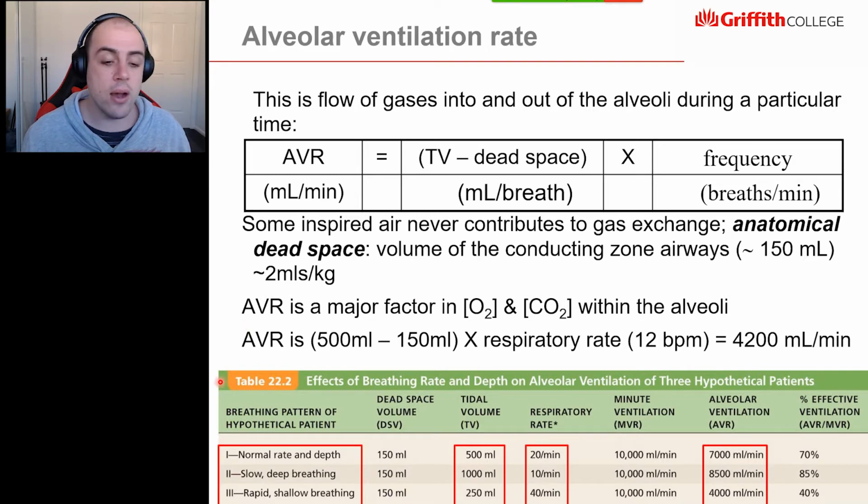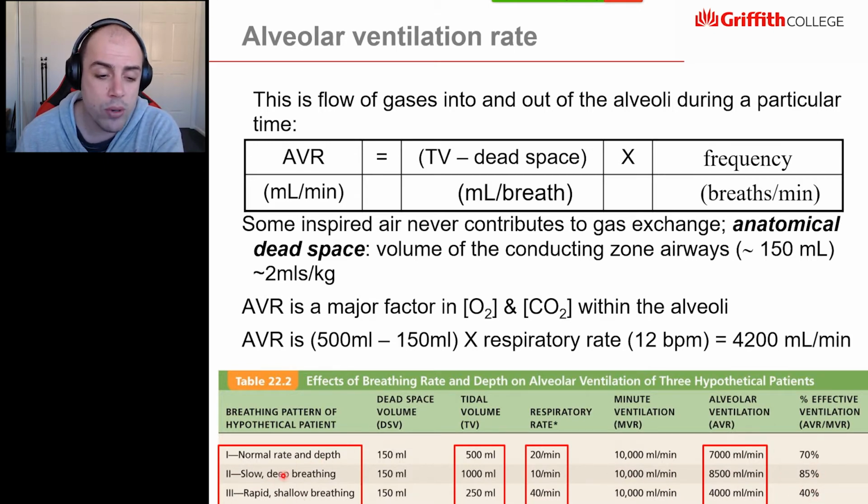So even though I'm moving the same amount of air, it just doesn't compare in terms of percent effectiveness. Now compare this to slow, deep breathing, in which we've doubled our tidal volume but halved the respiratory rate compared to our normal rate of breathing. Again, same minute ventilation in terms of air moved, but it's 85% effective.